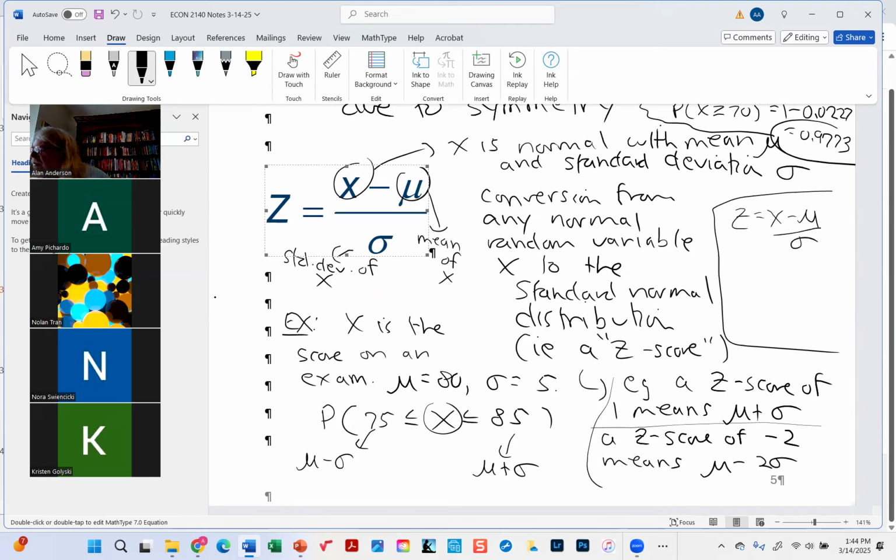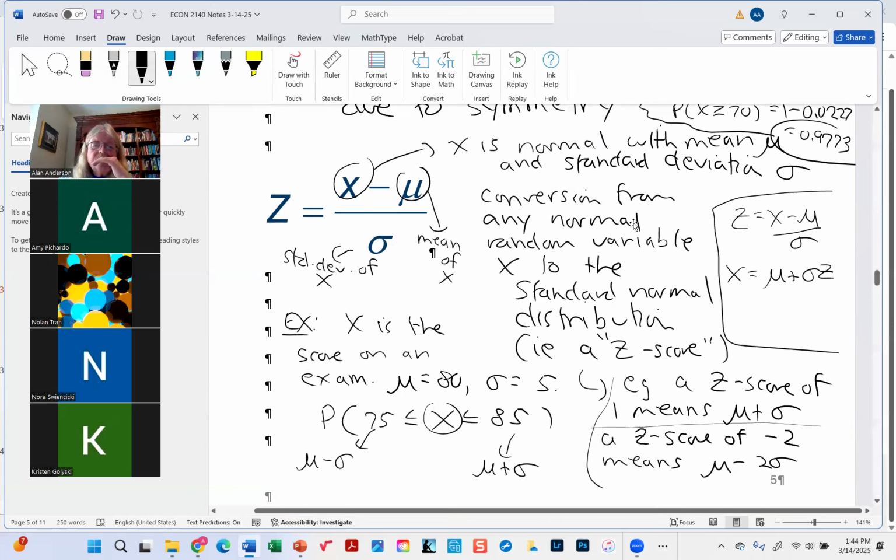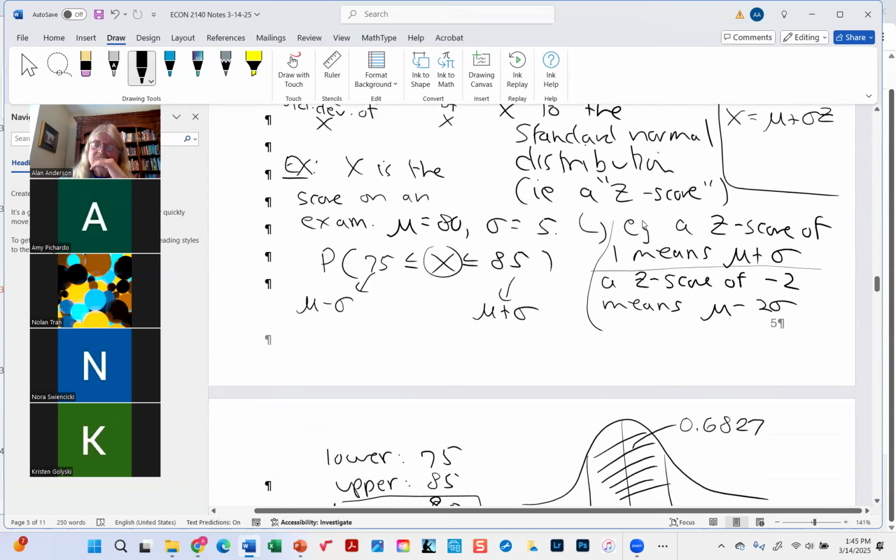If I were to rearrange this algebraically, whoops, sorry, this is Z. That means that X equals mu plus sigma times Z. So that's what we're going to do right now.